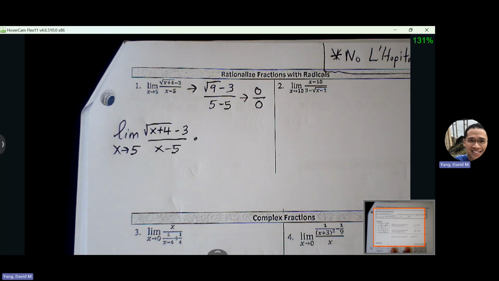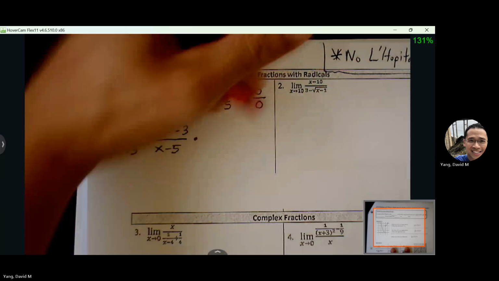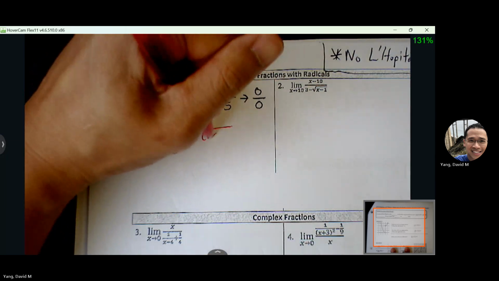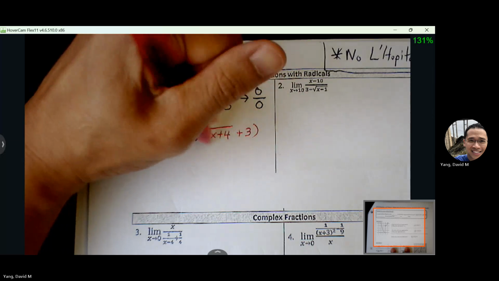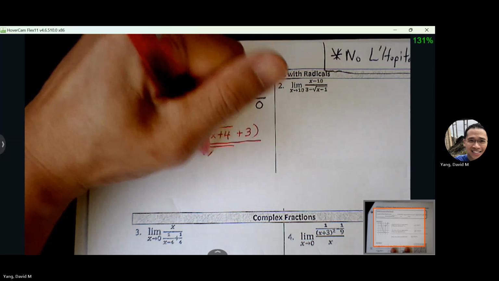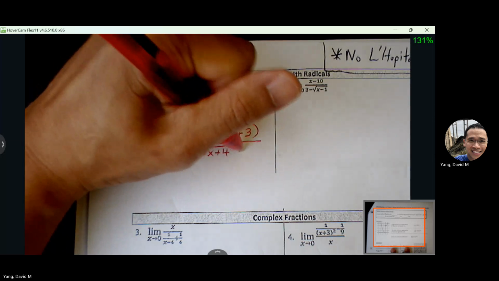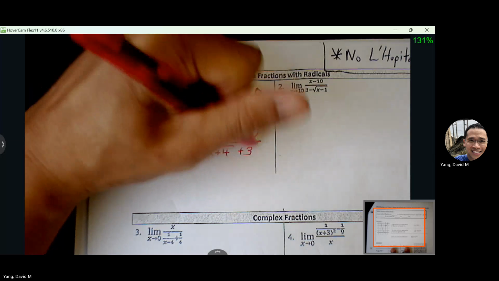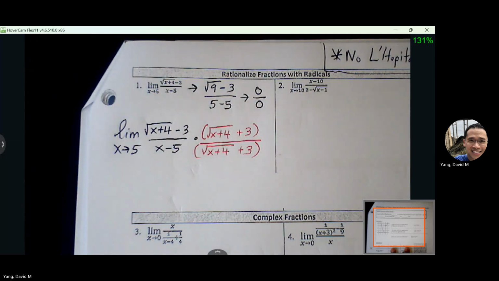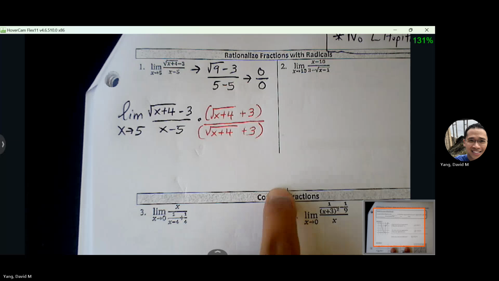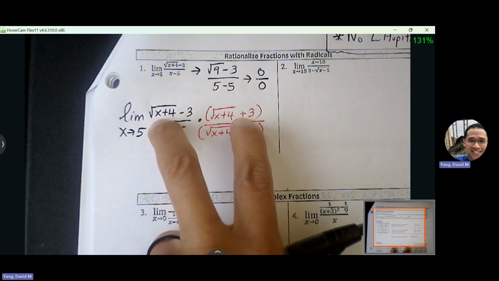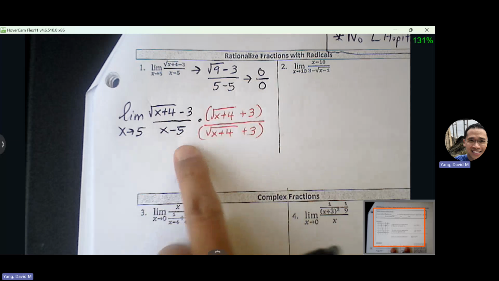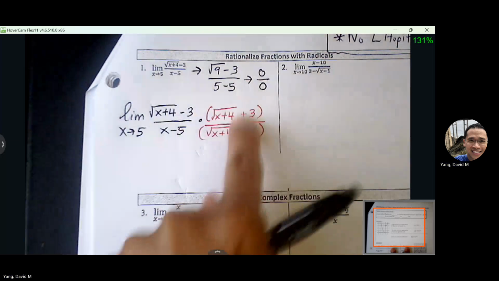So don't change the plus 4, change the minus 3 to a plus 3. If we multiply by the conjugate, the numerator should clean up nicely. And the hope is that an x minus 5 will show up and then we can cancel out.